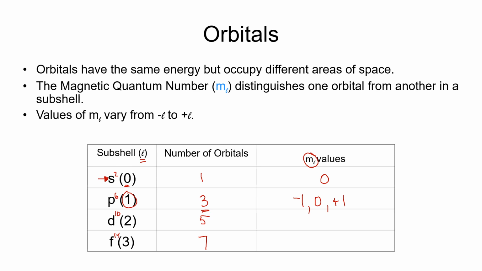And D is going to start at negative 2, and then go to negative 1, and 0, and plus 1, and plus 2. And then same thing for the F. You're going to start at negative 3, and then negative 2, negative 1, 0, plus 1, plus 2, and plus 3. And you can think of these as ways in which you can label the different orbitals within the same subshell.